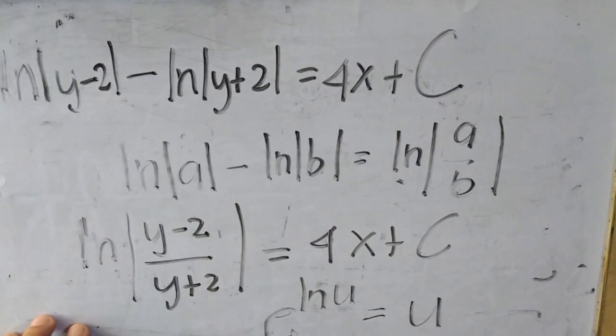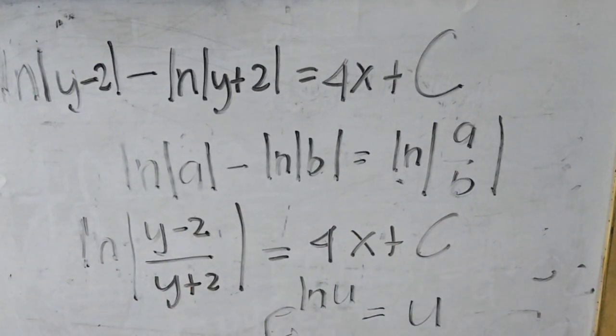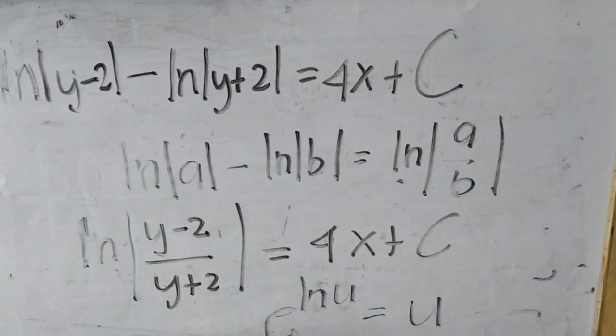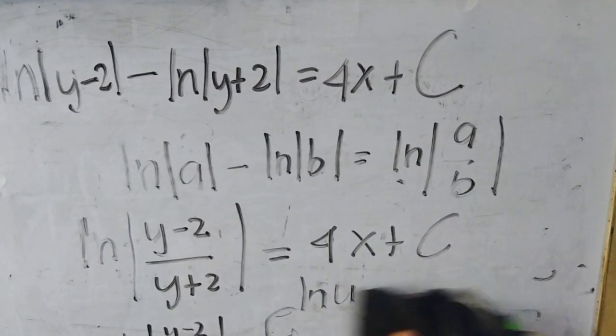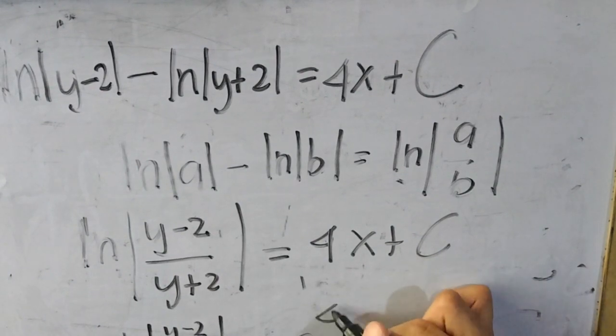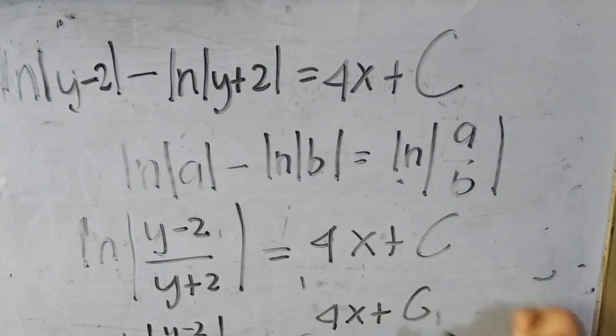So in order to cancel this, we'll have e, we'll put this in the exponent, ln y minus 2 over y plus 2. If you put e here, you will also put e on the other side and make this an exponent. So e to the 4x plus c.